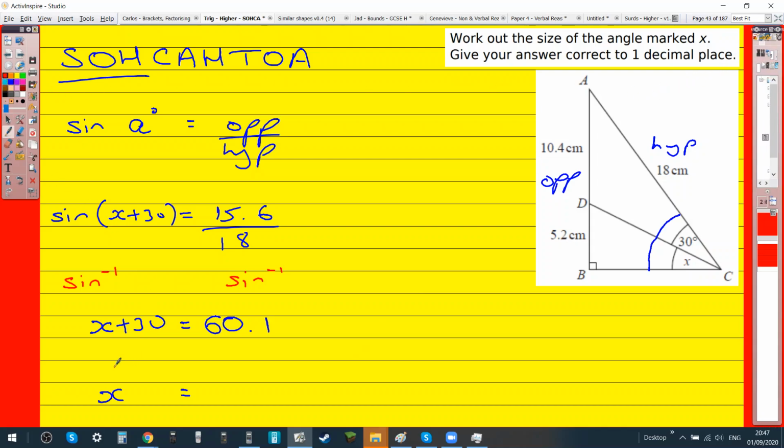So to get what x is, you have to do 5.2 over 18. No. X plus 30 is 60.1. You have to get what number x is. Oh, so you take away 30 from 60.1? Yeah.